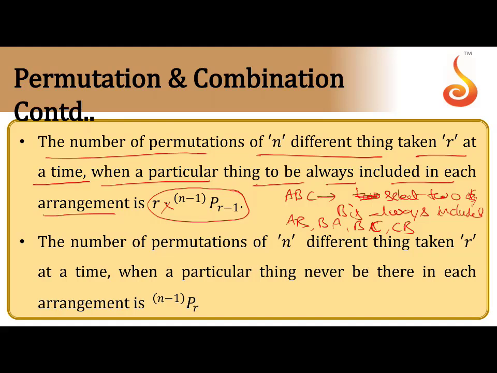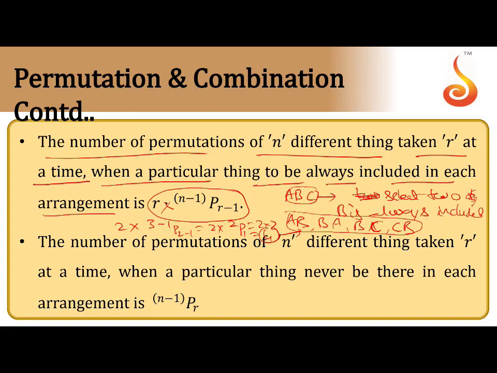AB, BA, BC, CB. How many are there in total? 4 are there. Now let us apply the formula. What is r? I am selecting 2. So 2 into, how many objects are there? 3 objects. 3 minus 1 P 2 minus 1. That equals 2 into 2P1. 2P1 is 2. 2 into 2 is 4. So 4 arrangements will be given here.